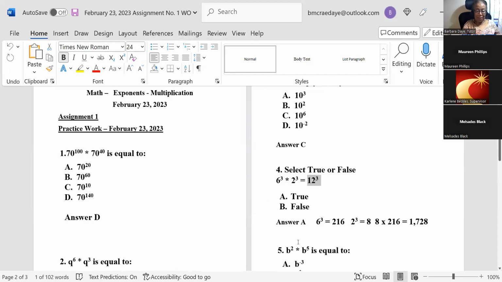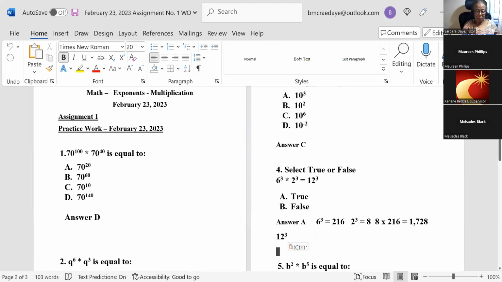So I'm saying if you got the rule confused, then all is not lost because you could actually do the math and get the answer, right? Because this is equal to the same as when we took the 6 to the third times the 2 to the third.